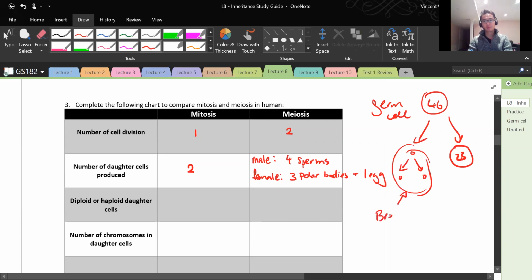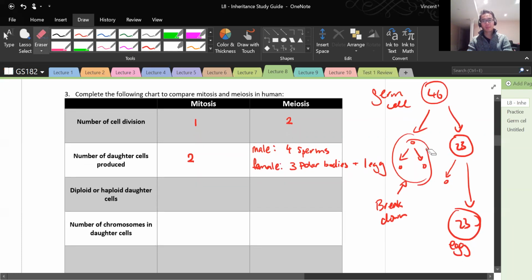They will break down, too small. And then the egg is the one that will get most of the cytoplasm. So this is a mature egg, an ovum, and these things 1, 2, 3 here are the polar bodies that will break down.